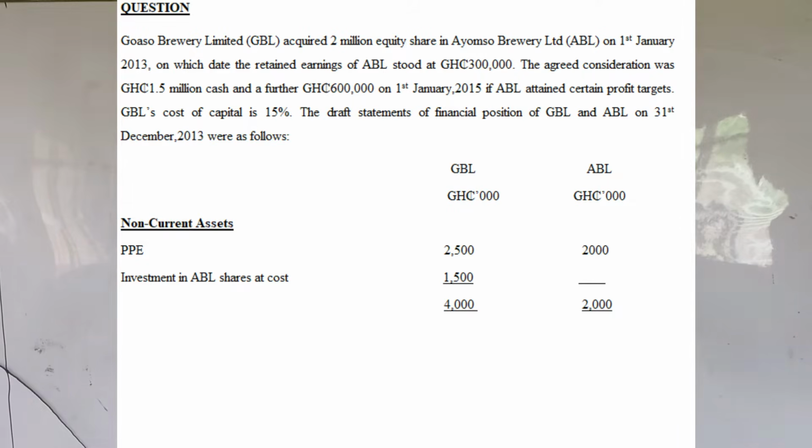So we have, for GBL and ABL, the non-current assets, PPE for 2,500. You have 3 zeros up, of course, so that is 2.5 million. And then 2,000, which is 2 million for ABL. For investment in ABL at cost, mind you, there are 3 zeros up, so 1.5 million.